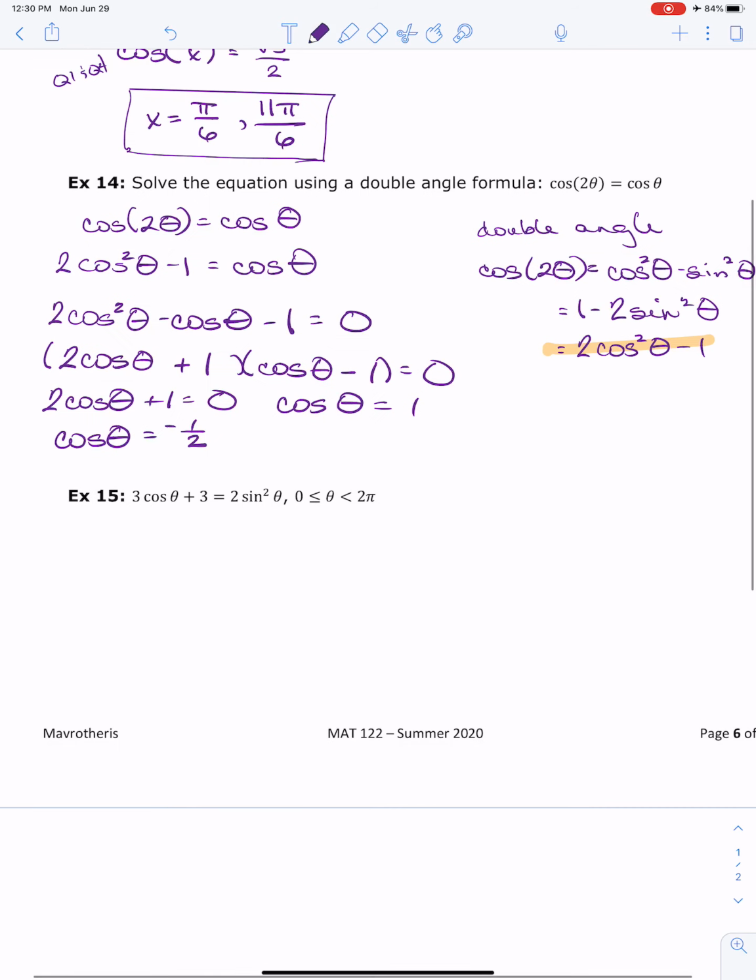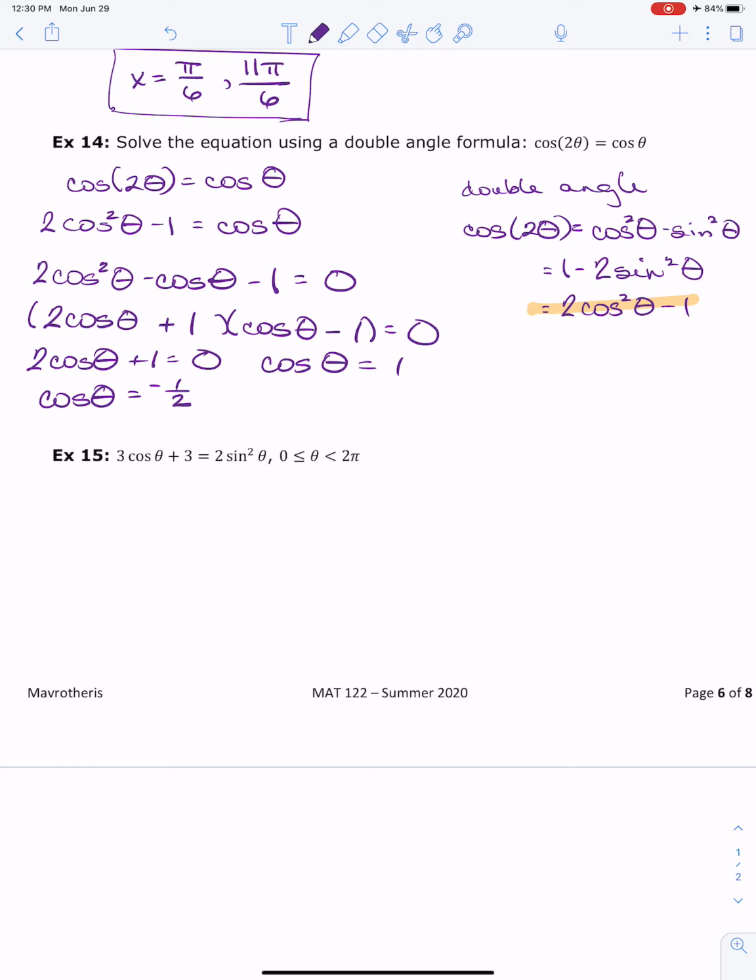And so let's take a look at what we got here. Cosine theta is negative 1/2. That puts cosine in either the second or the third quadrant. That is true at 2 pi over 3, 4 pi over 3. Cosine theta equals 1 at 0.